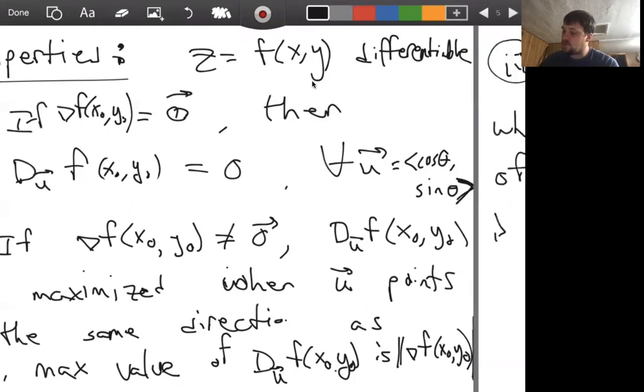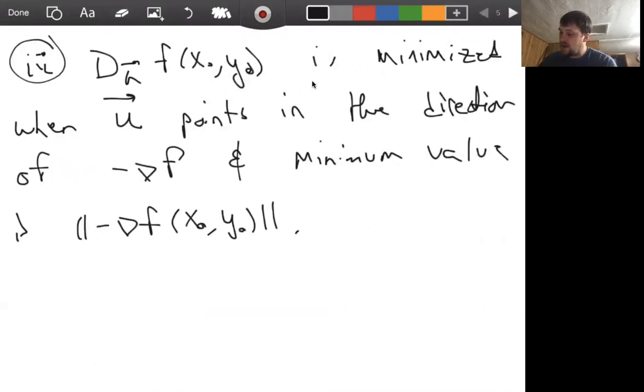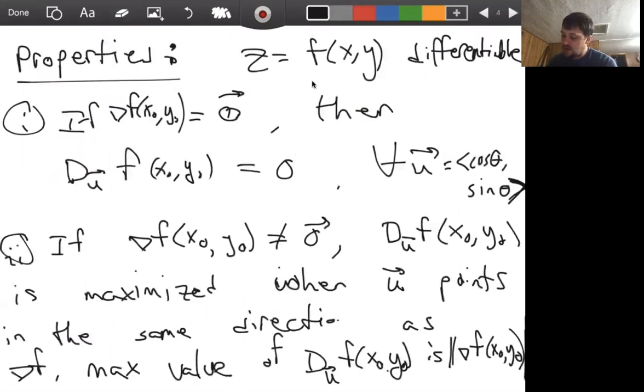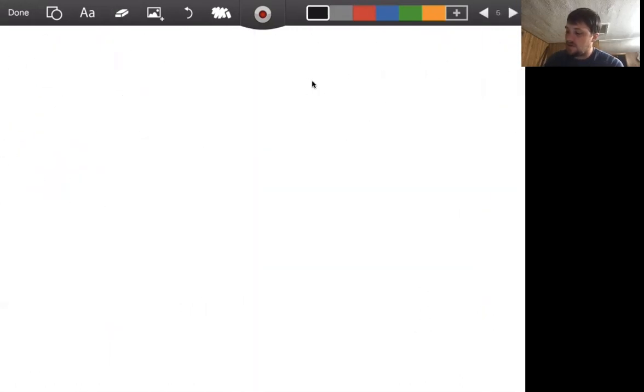The second and third ones are saying that the maximum change in your surface is always in the direction of the gradient. And so that's noteworthy here.